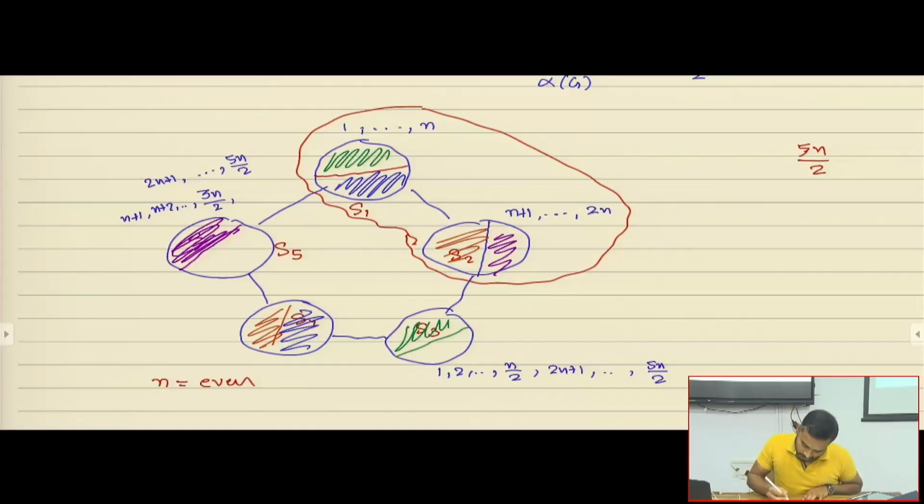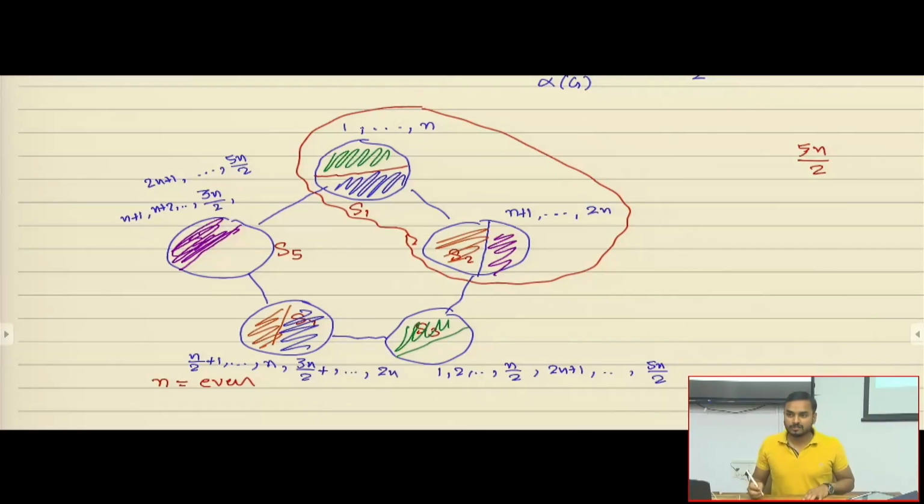So if I need to name the colors, from S1 we can write n by 2 plus 1 to n, and then from set S2 which colors we are using? 3n by 2 plus 1 up to 2n.